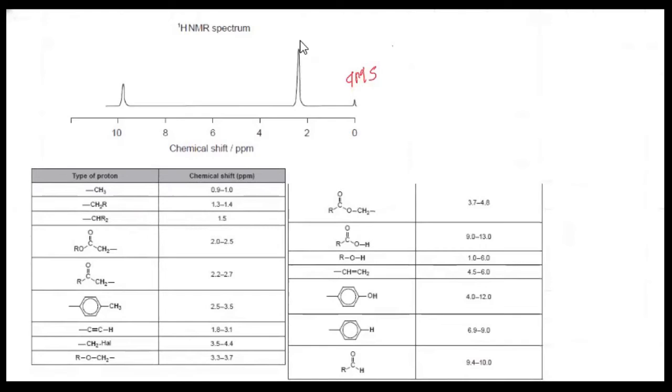Then there is a peak here, somewhere very close to 2.2, and a peak just before 10, so let's take it as about 9.9. So we have hydrogen in two different environments giving rise to two different peaks. That is the conclusion as of now.